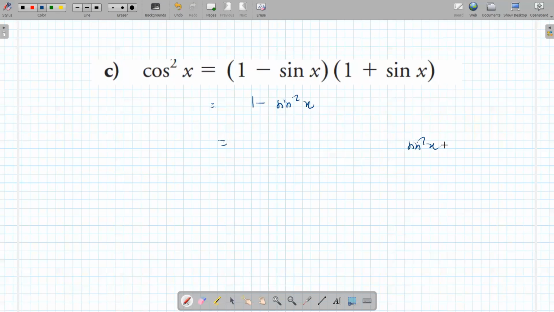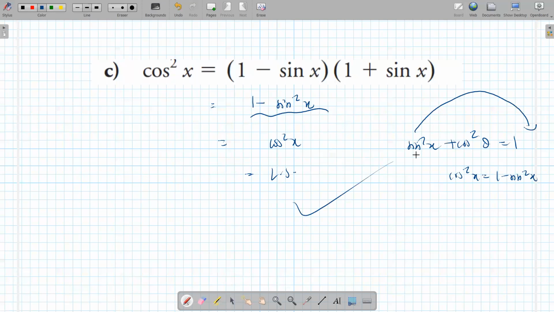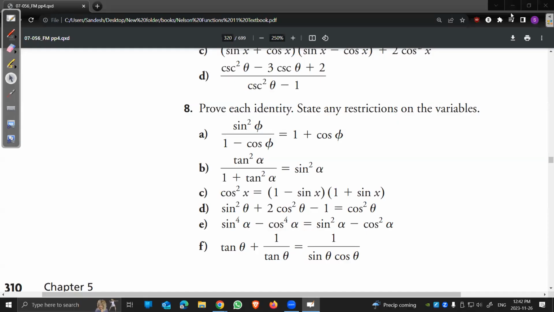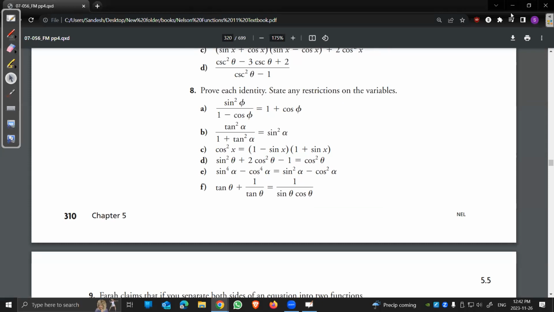Like we've done this a few times. So 1 minus sine squared means you throw this to the other side. You get cosine squared x is 1 minus sine squared x. So you can replace this with cosine squared x. And it's proven. Just a few steps. Not that difficult.